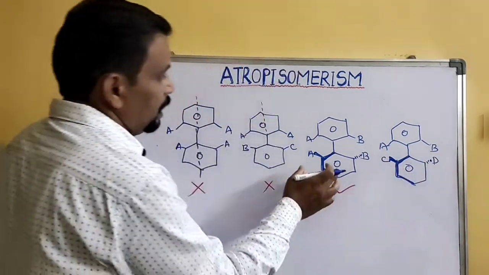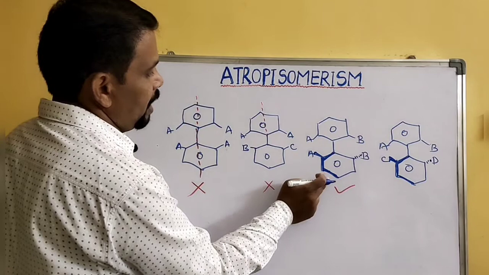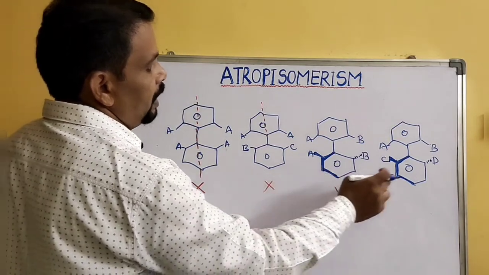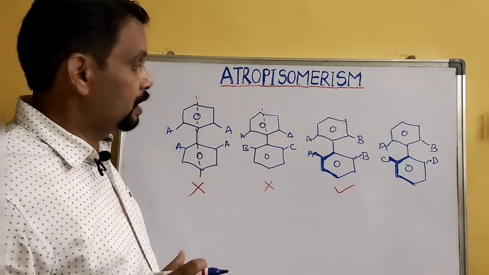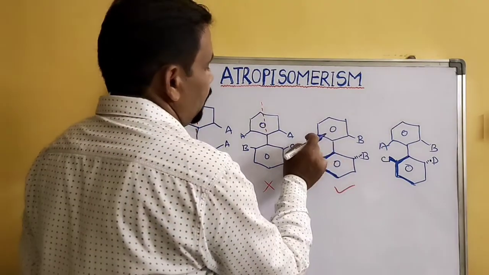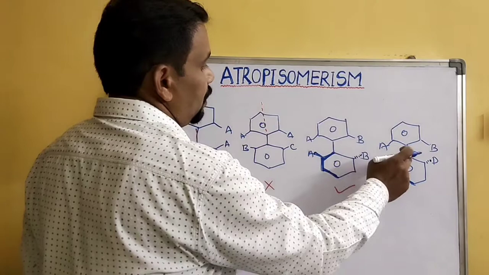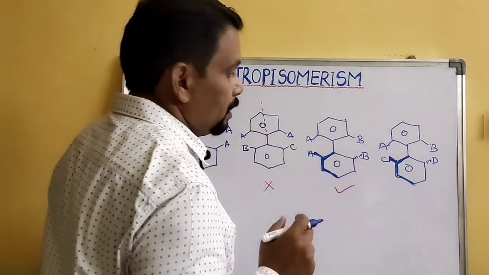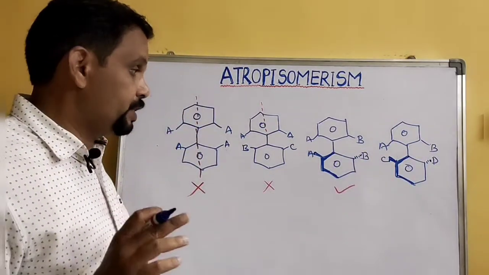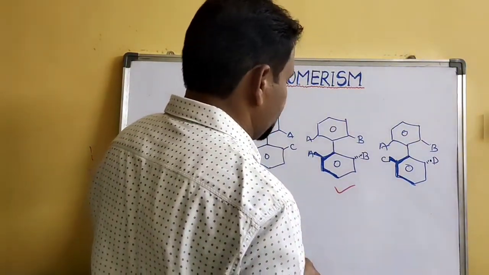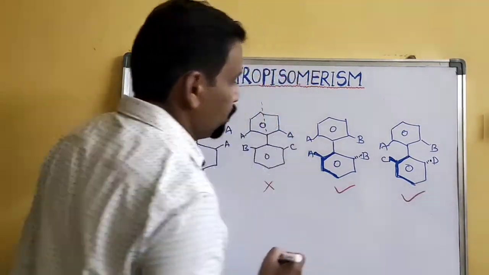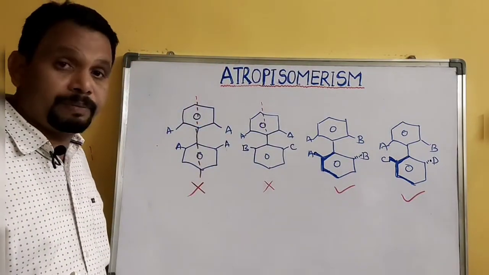So therefore this does not have a vertical plane of symmetry, and this also does not. And if A, B or C, D are sufficiently large substitutions, both examples can exhibit heteroisomerism.